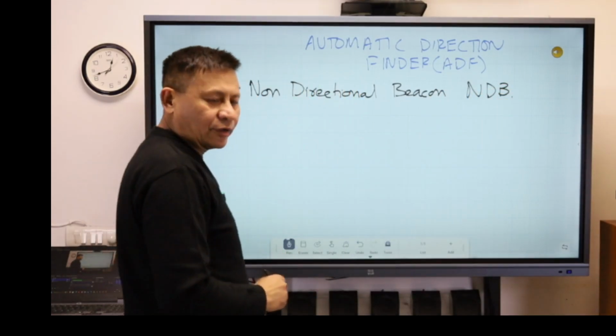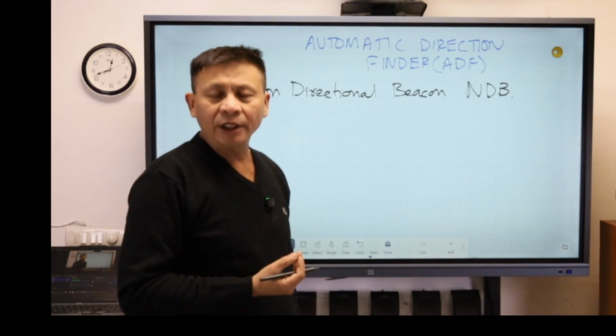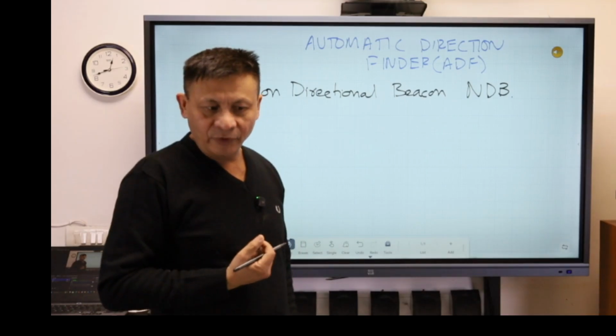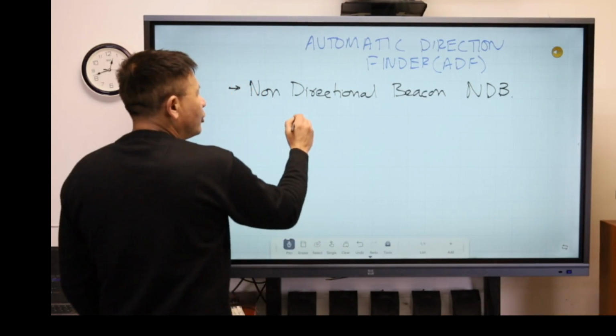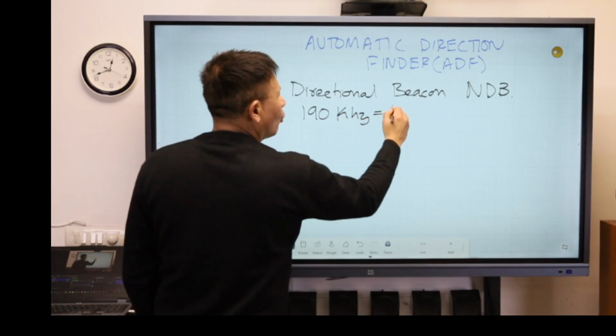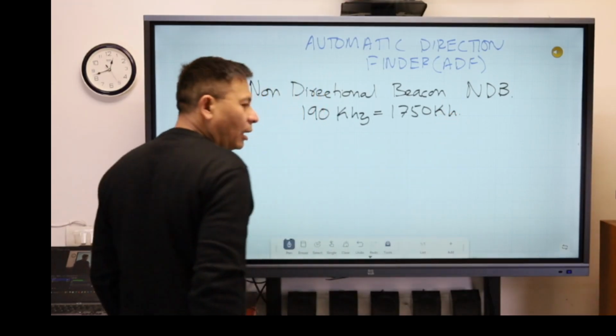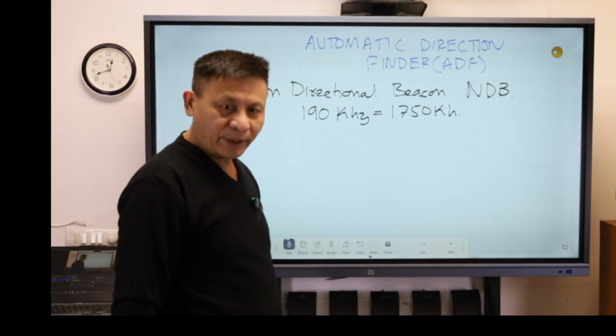The non-directional beacon transmits waves in all directions within a frequency of 190 kilohertz to 1750 kilohertz. This is in the LF and the MF band.